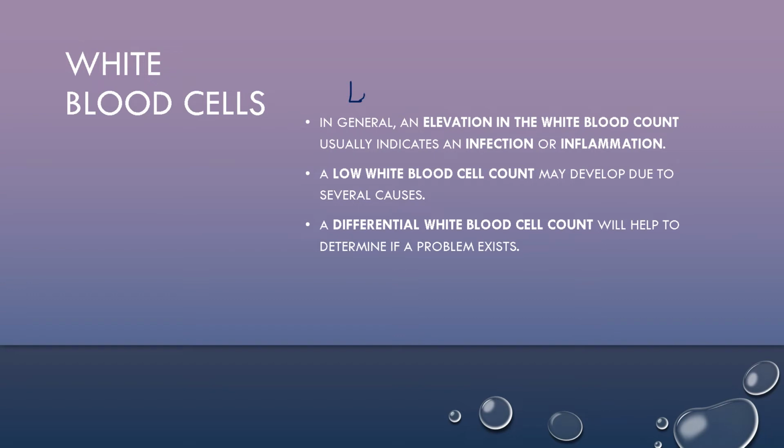The term leukocytosis is an increase in the number of white blood cells, and this is a normal protective response to stresses like invading microbes, strenuous exercise, even anesthesia and surgery.